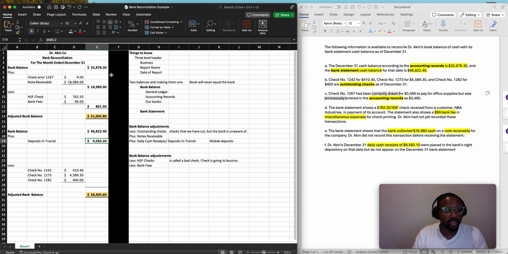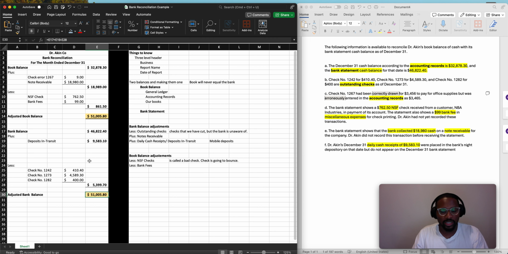Now, here's the good thing. The good thing is because there's no other transaction, we don't need to put anything in a plus section. So therefore, we can just carry it over to the final column. So all we need to do is just add this number to the final column here, the sum of these two. And guess what? Look. The numbers equal, right?